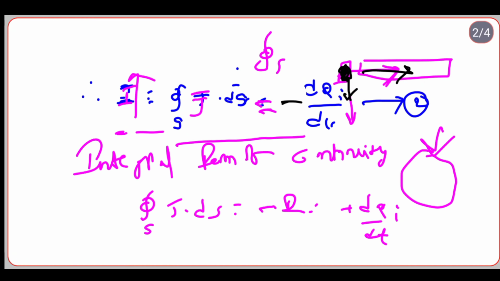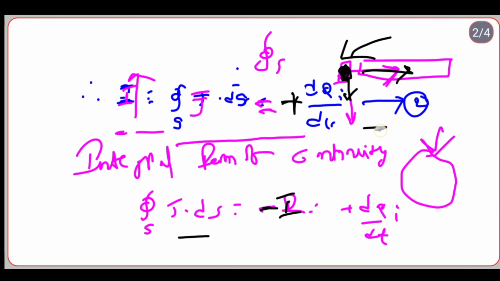So equation 2 indicates the outward flow of current. If the current is entering the surface, we have to make it positive, that is, surface integral J dot dS equals minus I, current entering, equals plus dQi/dt.